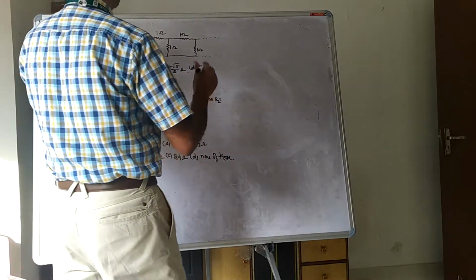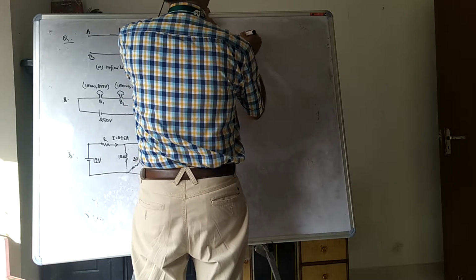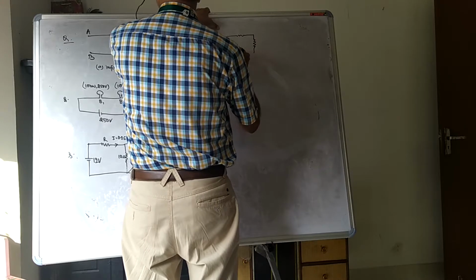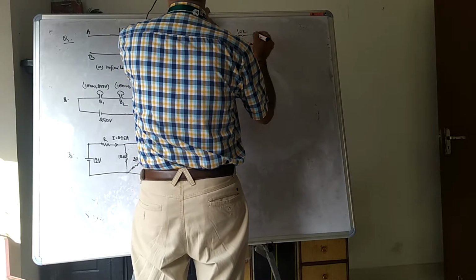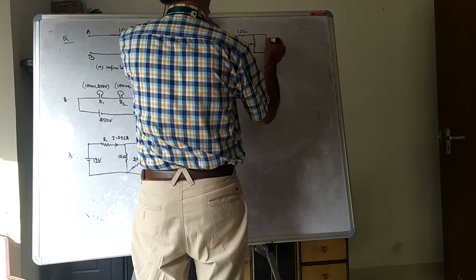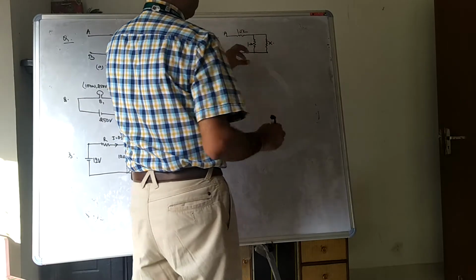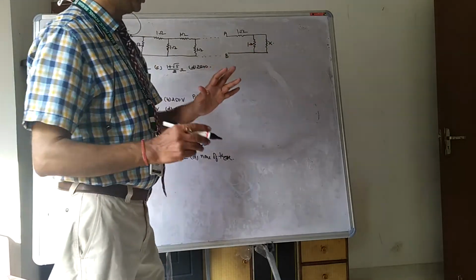The choice is yours. So the new pattern of the connections will be like this. This is 1 ohm, 1 ohm, and now this entire chain will be replaced by R or X. So this is A, this is B. Now what is the equivalent value of X and 1 in parallel?